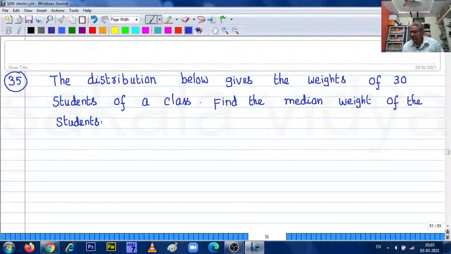First, let us focus on the table. What is the table given here? The table has weight and number of students.